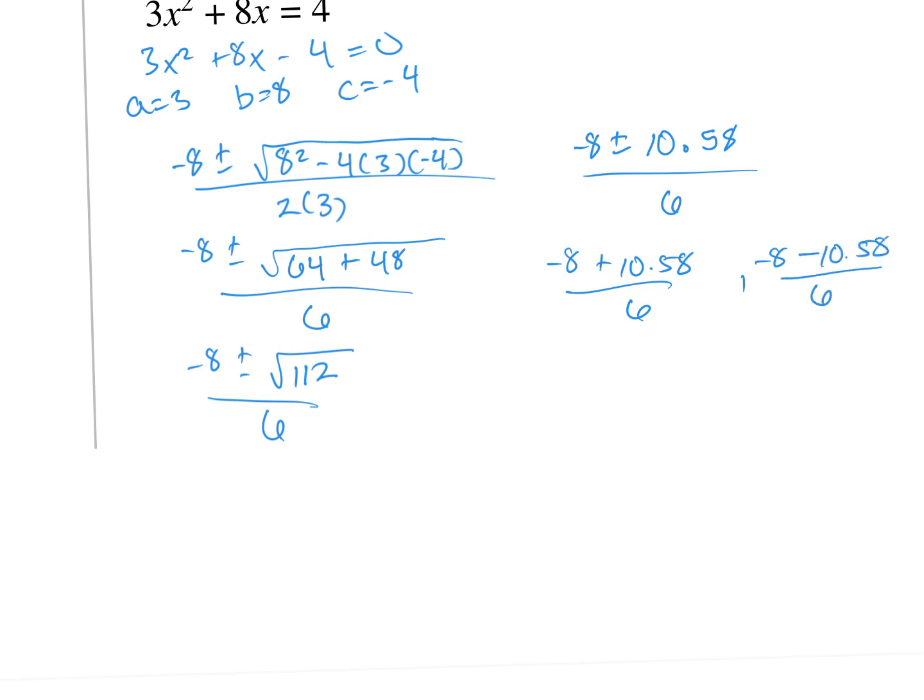I'm going to simplify this and see what I get. This is 0.43 once I punch it into the calculator, and this becomes negative 3.10. So these are my two answers that x could possibly be.